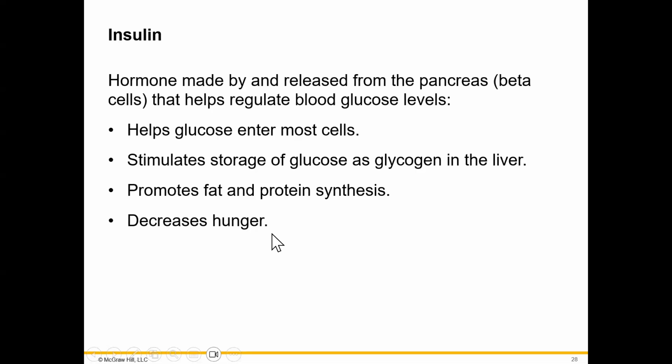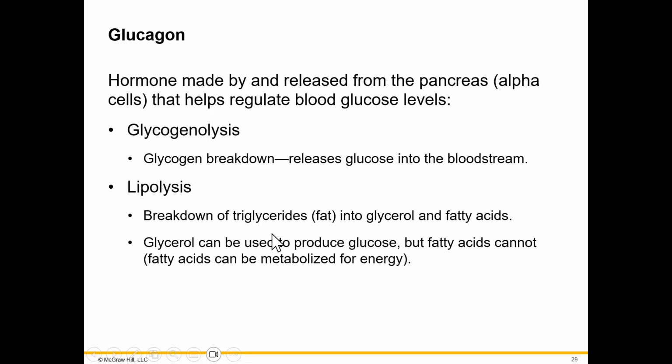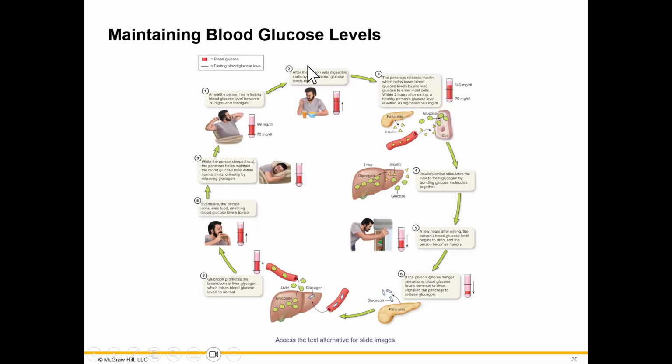Okay. So it's an integral dance when we look at the cycle here of maintaining normal blood glucose.